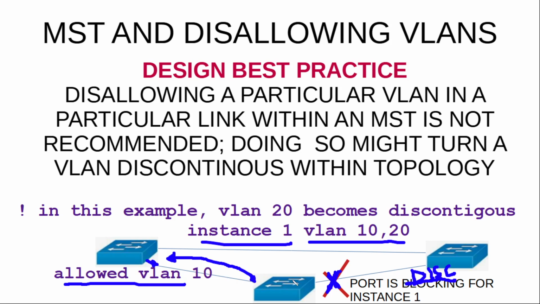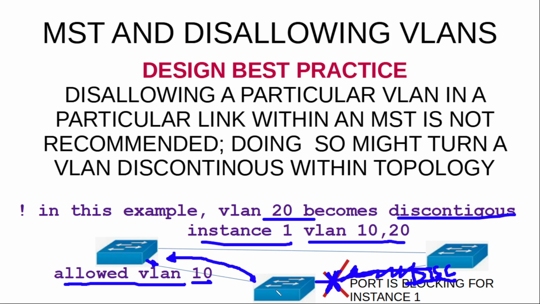So where are VLAN 10 and VLAN 20 going to get transmitted through? Remember that this port is in discarding state, so we are not able to use this link at all. So if you filter VLAN 20 out of this trunk, you're actually making VLAN 20 discontiguous.